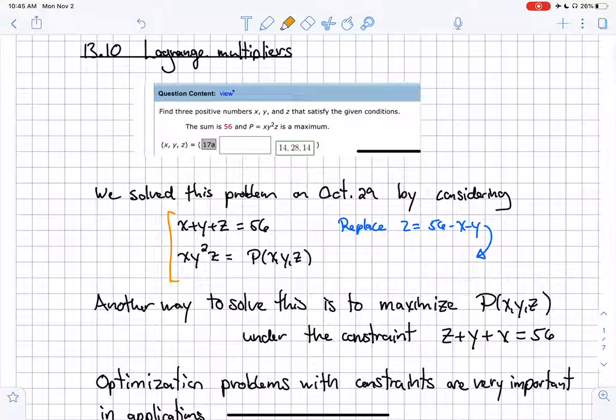Now we're going to see something slightly different, because sometimes the constraint is more complicated than just x plus y plus z, and so we're going to see the method of Lagrange multipliers, which is used to again maximize a function under a certain constraint.